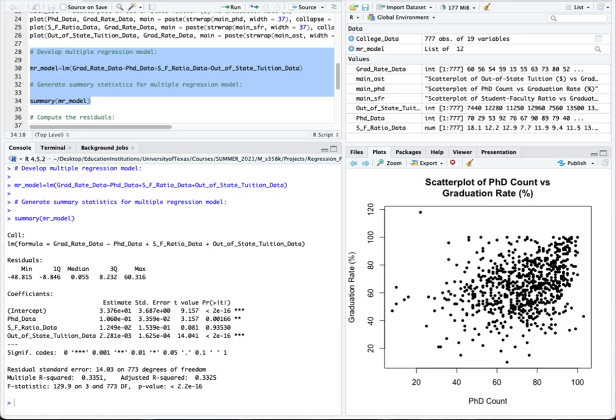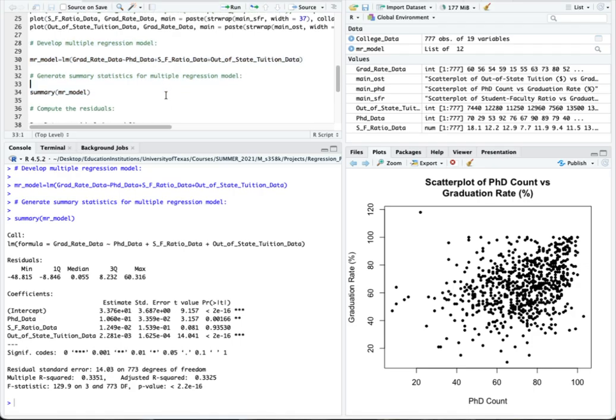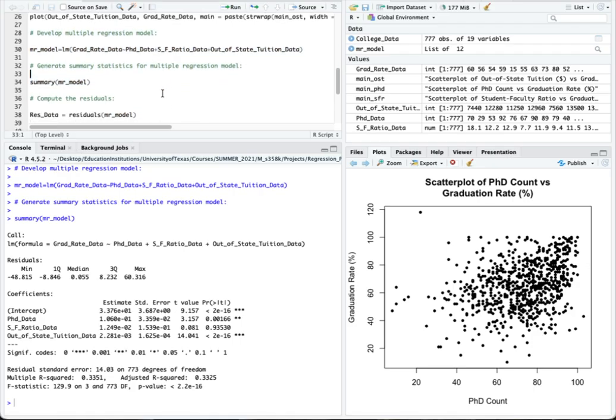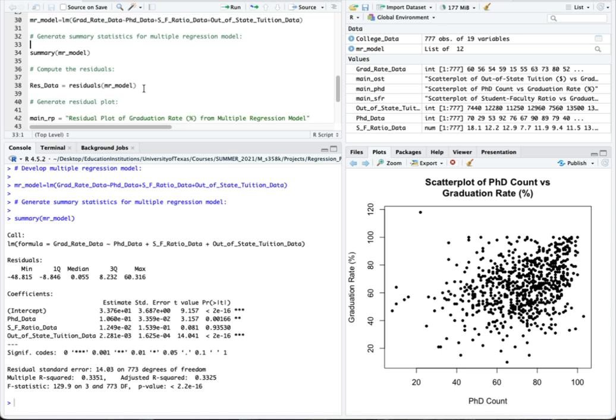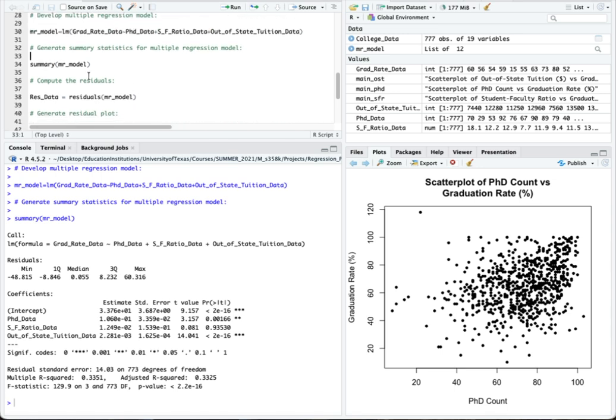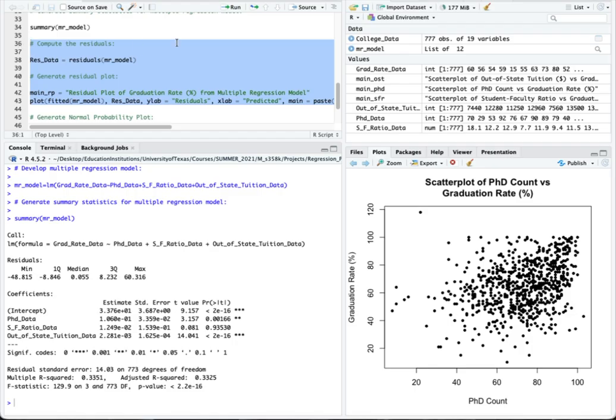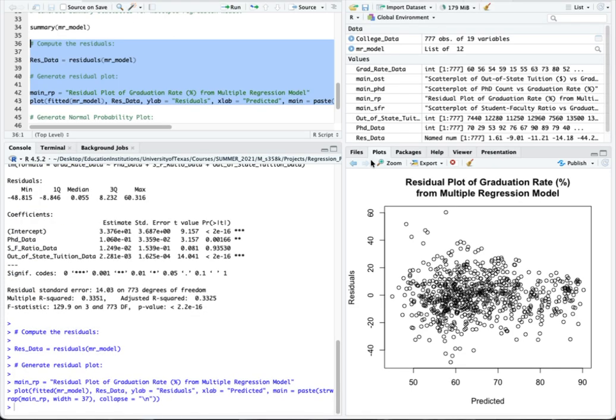Lastly, the normality assumption and equal variance assumptions must be checked to ensure usefulness of the model. So if we go ahead and plot the residuals against the predicted values, we can see here that there's no definitive relationship between the residuals and the predicted values, right?